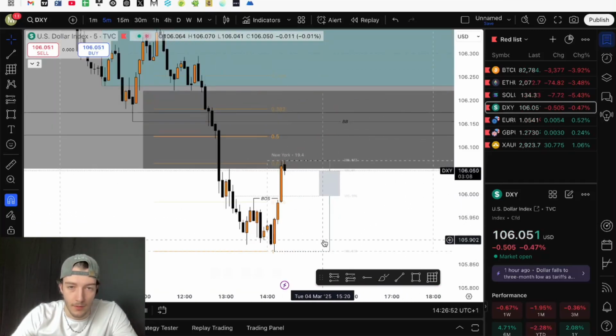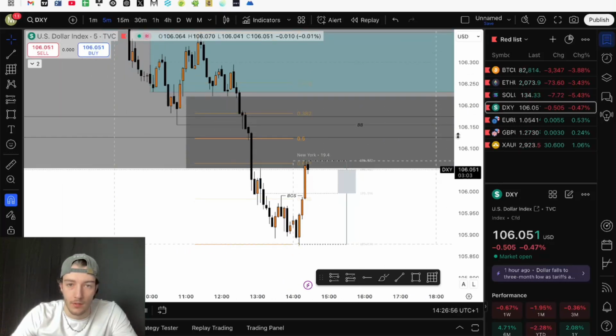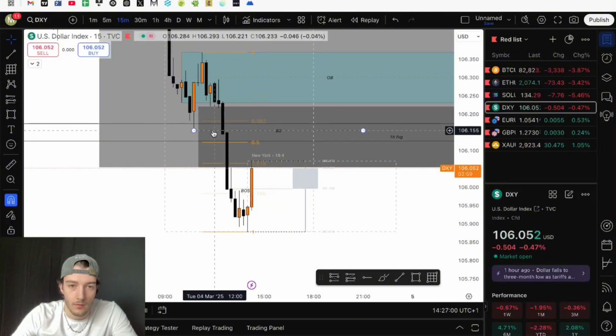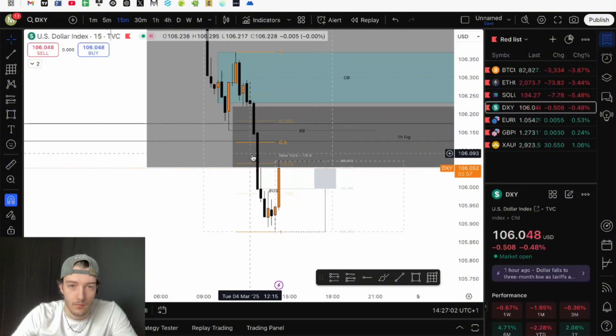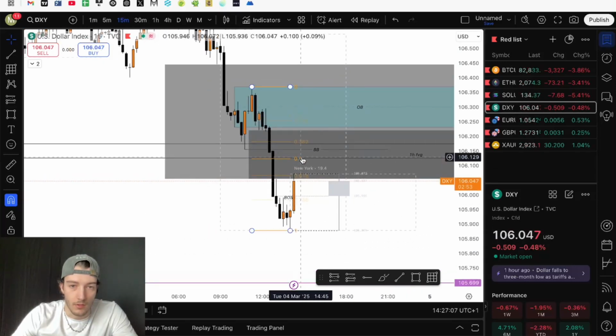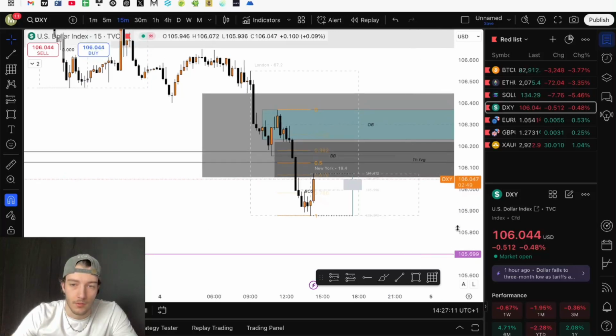Hopefully it won't stop here and move lower, but come a bit more deep into this fair value gap. I would love to see it come above this 50% level here.